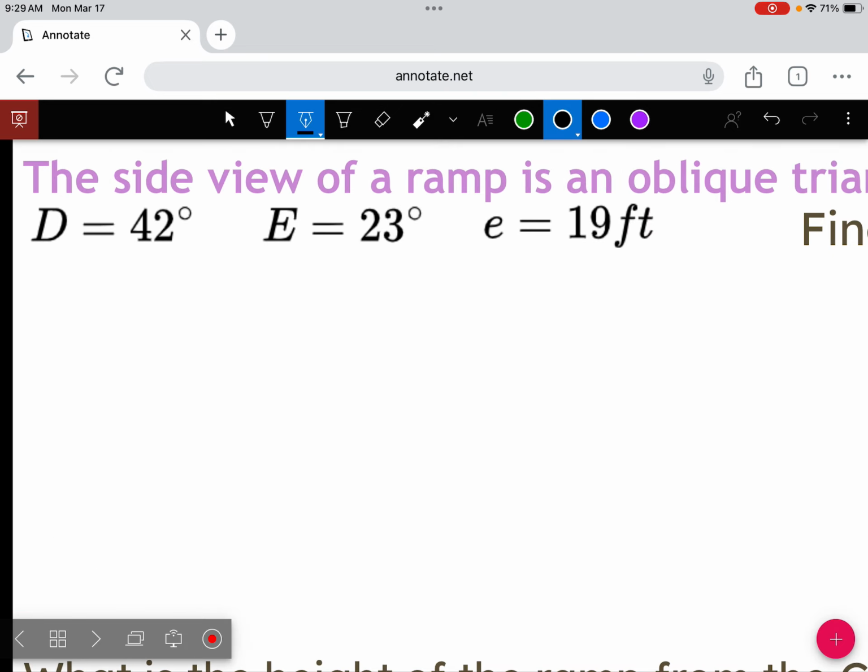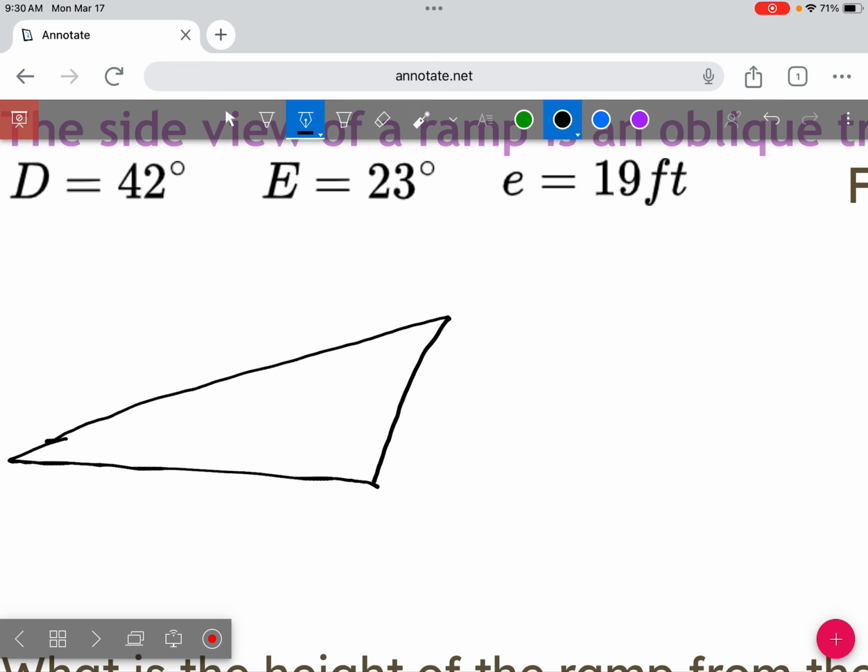But what this is telling us is we're going to have a triangle. This is our ramp. This is the triangle they're giving us. Part of that is because I'm bad at drawing straight lines. Thus why the art is never the problem. It gives us the vibe of the question, not necessarily anything else.